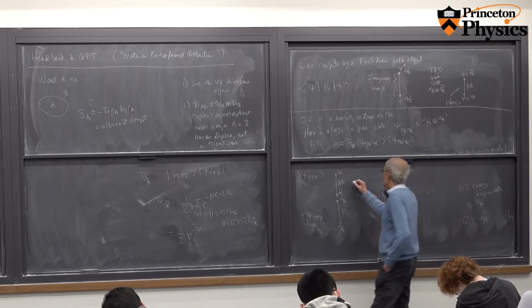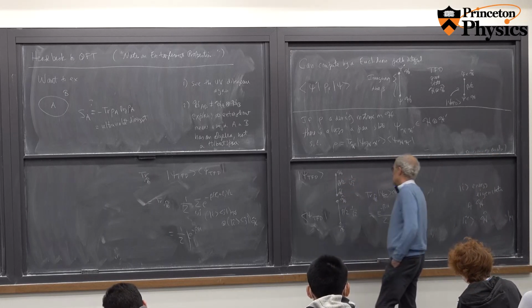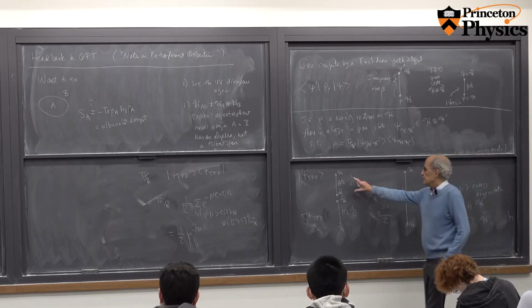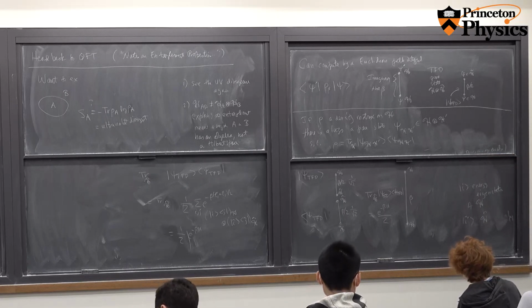Well, I'm cheating with the factors of Z. To get the thermofield double state, we really needed this path integral divided by the square root of Z, and then the factors of Z work out.